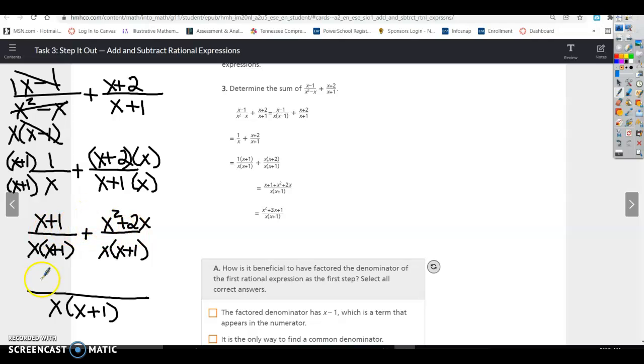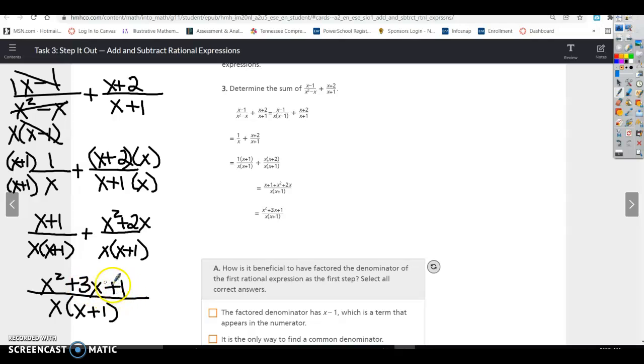So I'm going to have x squared, always put my largest term first, and then x plus 2x would be 3x, and then I have 1 left. Now, you may try to factor this, but you have to multiply to get 1 and add to get 3. The only thing that multiplies to get 1 is 1 and 1, and that's not ever going to give you 3.